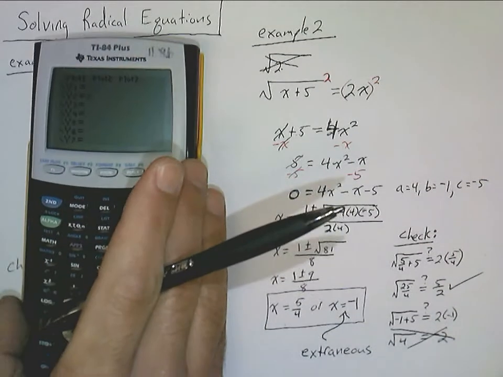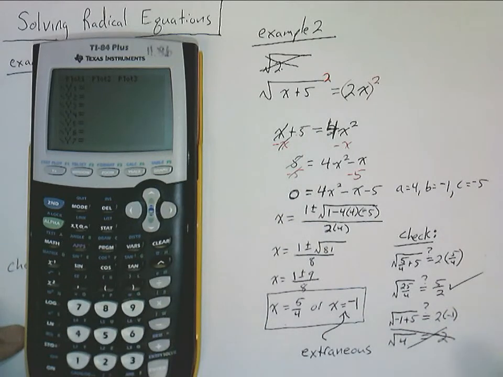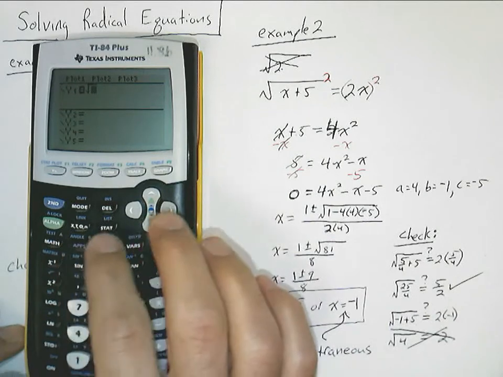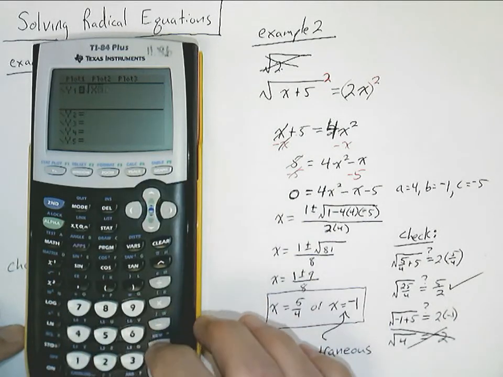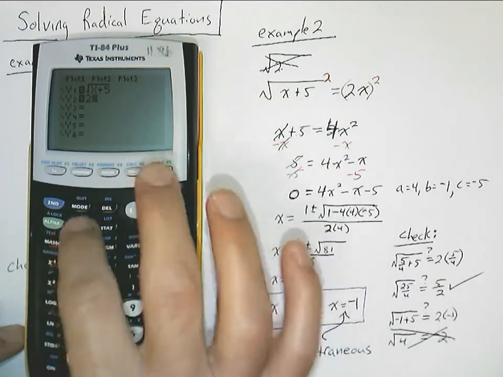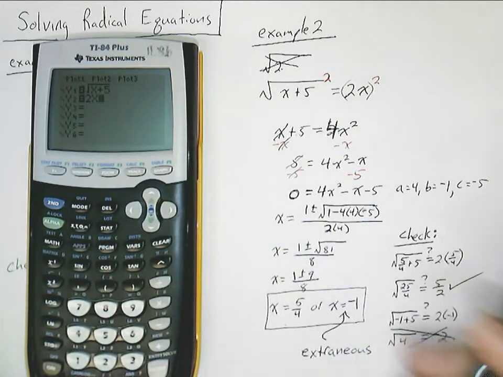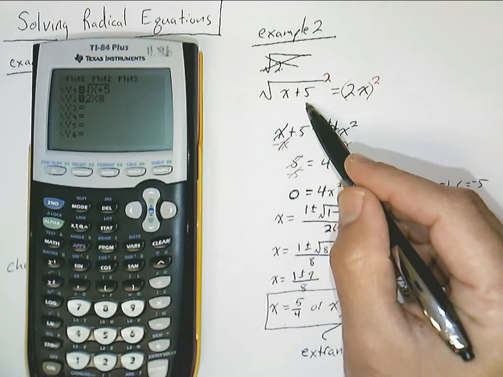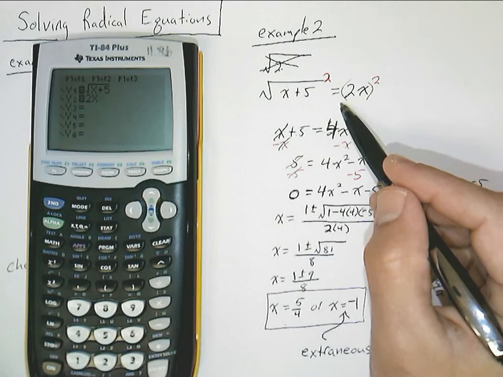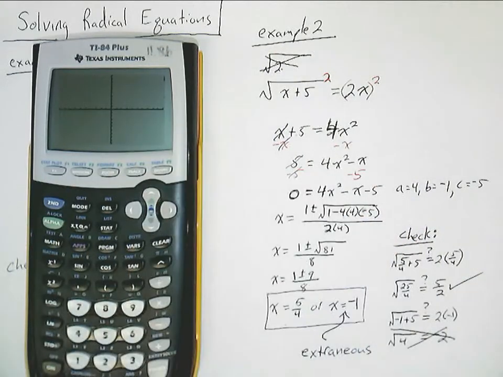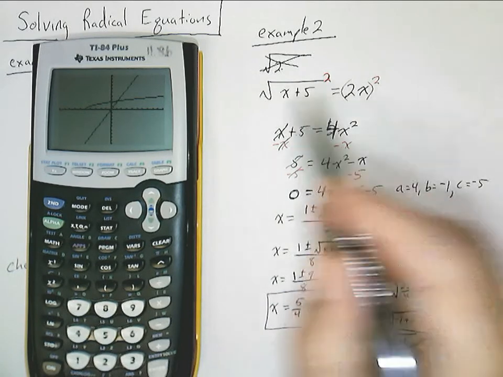So if we graph the square root of x plus 5, then also 2x, because that's what we're really looking for here. We're kind of finding the intersection of the function y equals the square root of x plus 5 and y equals 2x. So if we look at the intersection points of those, there's the square root, and there's my linear.